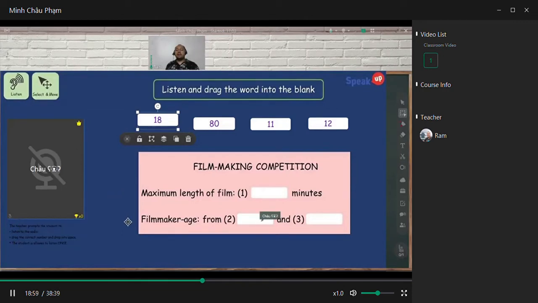All right, so based on the information that you had heard, what do you think is the correct answer there? Teacher, I took the word, but it doesn't move on the screen.